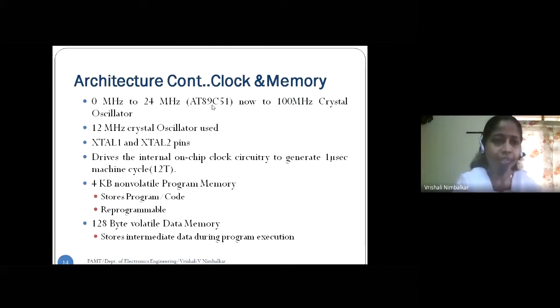Is that okay? And we never go beyond the maximum, correct? We should never connect an oscillator beyond 24 megahertz, because that circuitry is meant to work this fast, 24 megahertz. If I work faster than this, it's going to give you random results, correct?